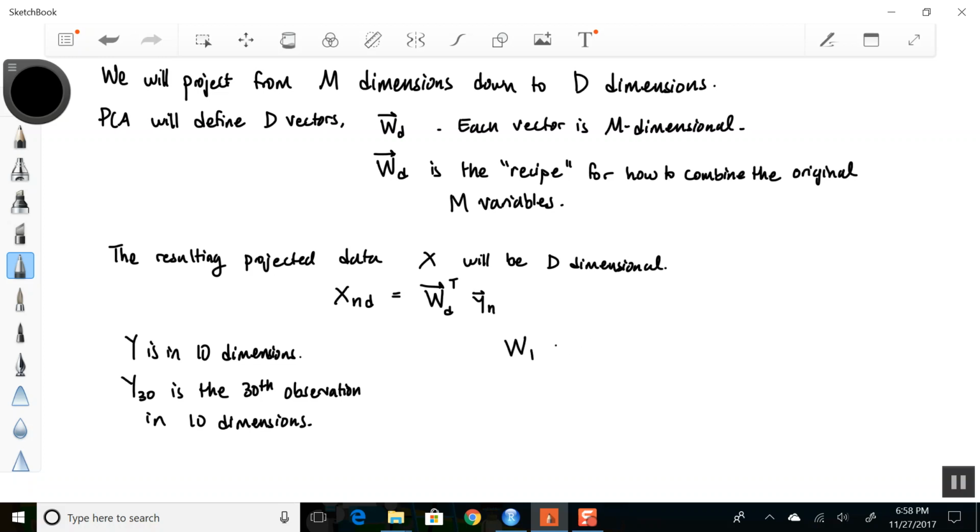W sub 1 is the first, quote, loadings. It is 10-dimensional, and so W1 times y30, what is the dimension of this thing that results?